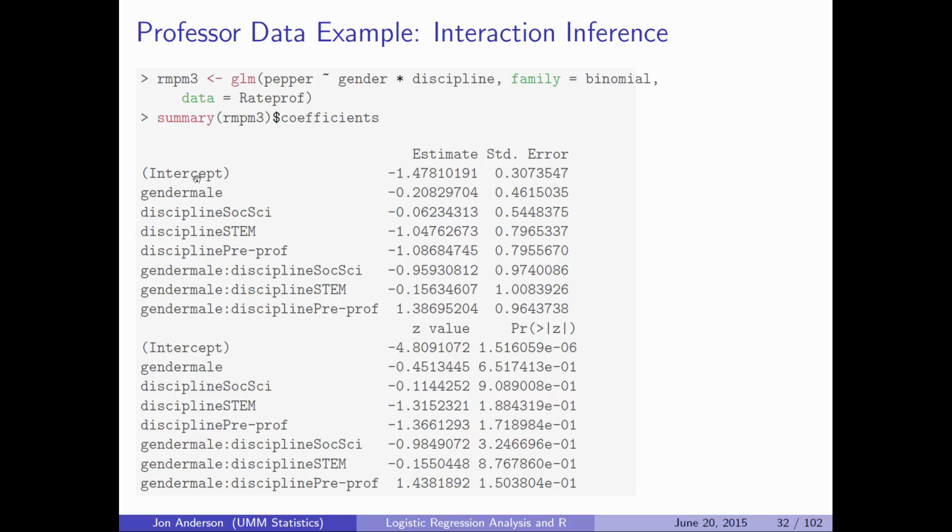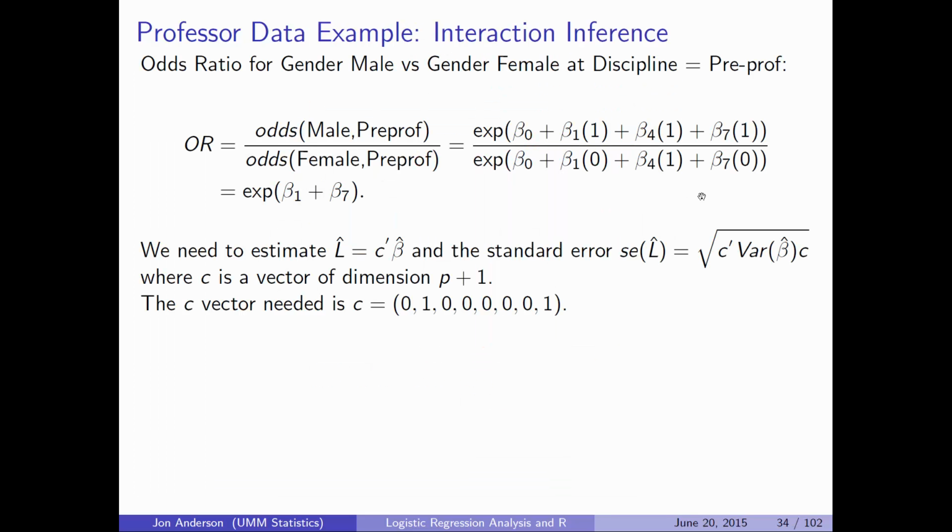That is beta naught, beta 1, beta 2, beta 3, beta 4, beta 5, beta 6, beta 7, this beta effect multiplied by 1 for male and 1 for pre-professional, which creates the right beta effect for this term.